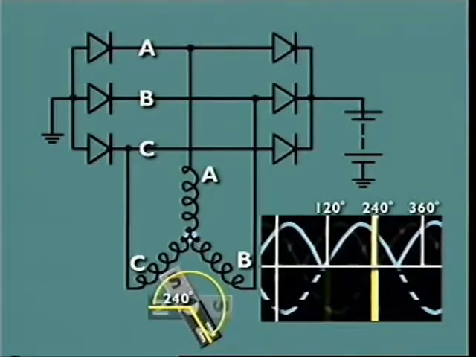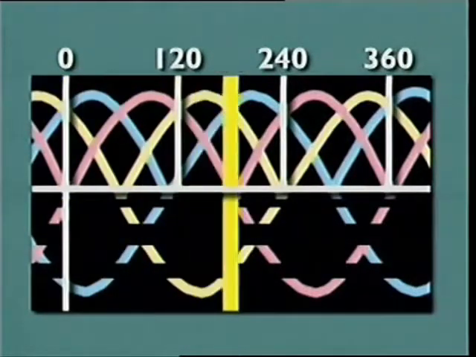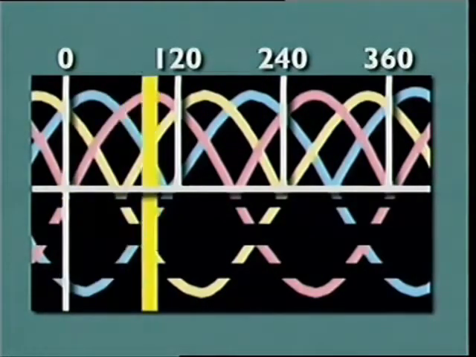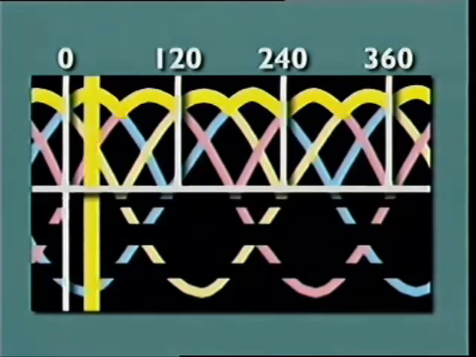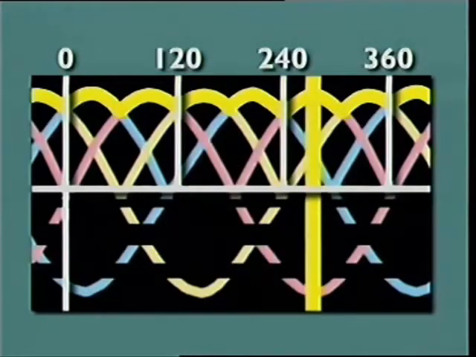The current path then is winding A at star point, winding C, positive diode C, alternator terminal B+, battery positive terminal, battery ground, alternator ground, negative diode A, and output of winding A. As the rotor moves through its various positions, individual phase currents change in magnitude and polarity, but the output current to the battery and the electrical circuits remains unidirectional.